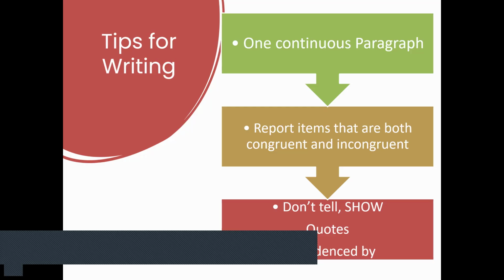I would report both congruent and incongruent information. For example, the mood was congruent with the affect, or the alternative, the mood was not congruent with the affect. And make sure to give quotes and examples so that you can further explain without specifically explaining what you're talking about.